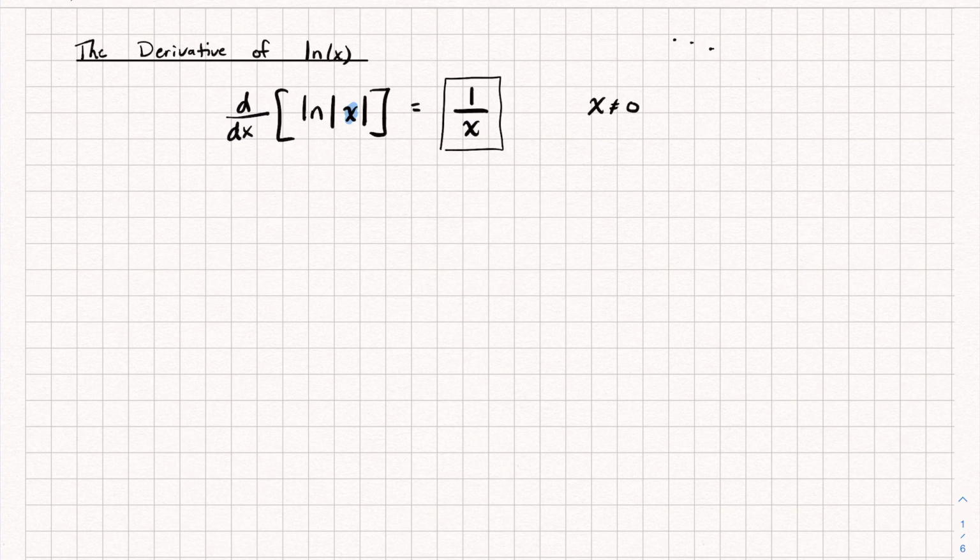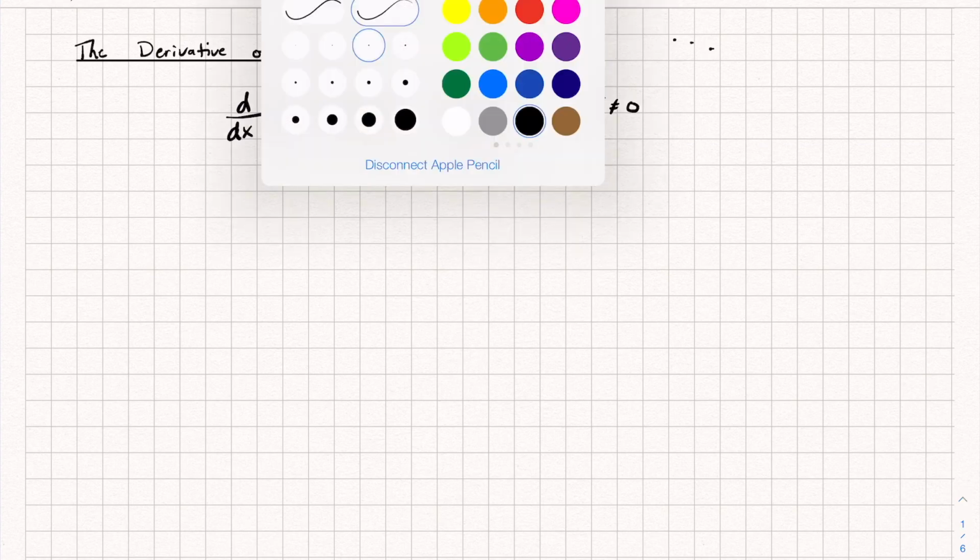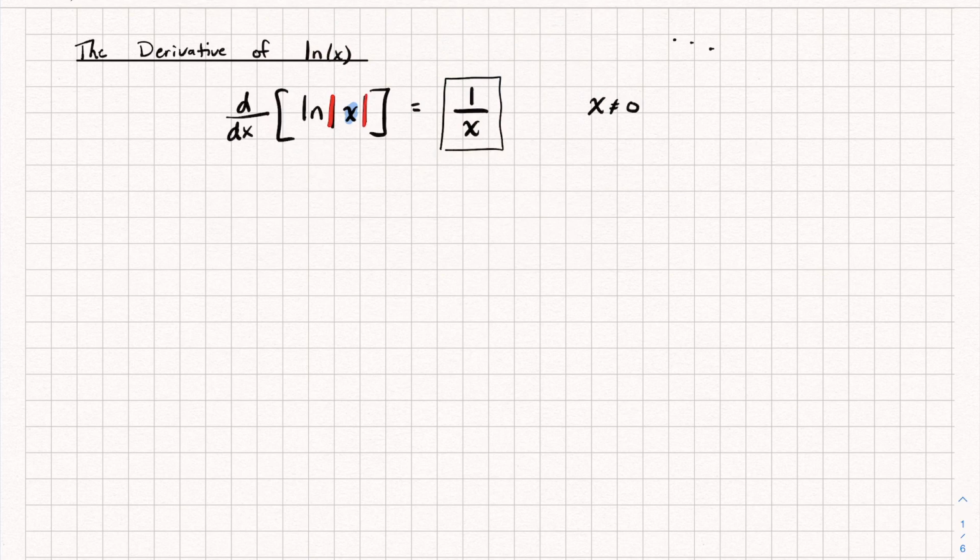That's its derivative. Now, the reason why we have the absolute values is that notice in its derivative, when I say 1 over x, for an ln, I can only take the ln of values from 0 to infinity. But when I look at 1 over x, this is everything but x equal to 0, meaning that 1 over x allows my x's to be negative as well. So to ensure that I'm using 1 over x completely, what the definition will do is list ln with the absolute values.